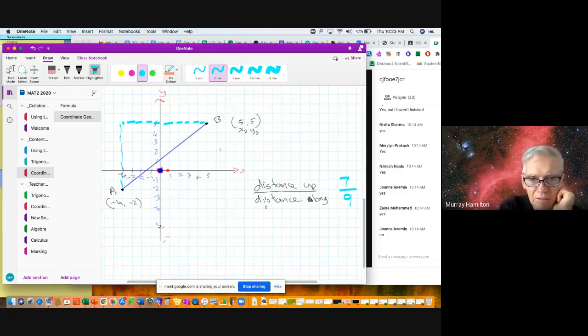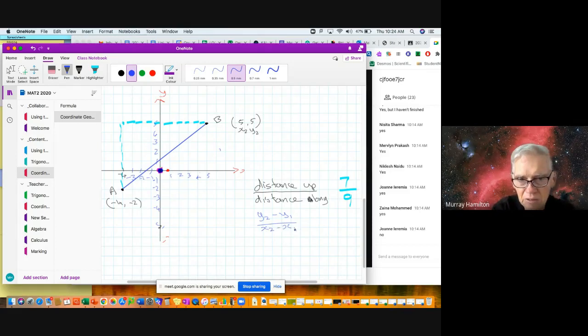Now that's one way of doing the gradient, and that's fine, but we want to see if you can use the formula in this one. So the gradient formula is y2 minus y1 over x2 minus x1. So y2 is my 5 here, and y1 is -2.